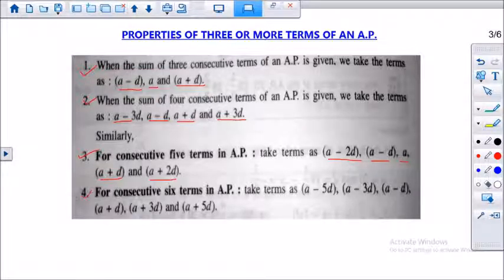Property 4: for 6 consecutive terms in AP, we take the terms as a minus 5d, a minus 3d, a minus d, a plus d, a plus 3d, a plus 5d. So these are special properties of 3 or more terms of an AP. You have to remember these properties when solving problems.